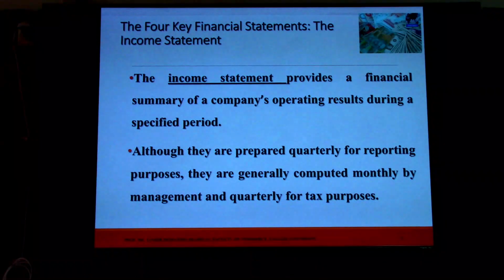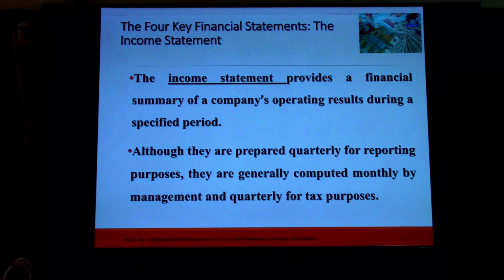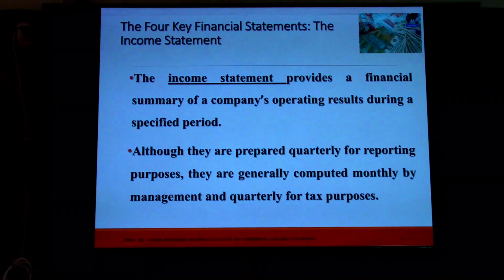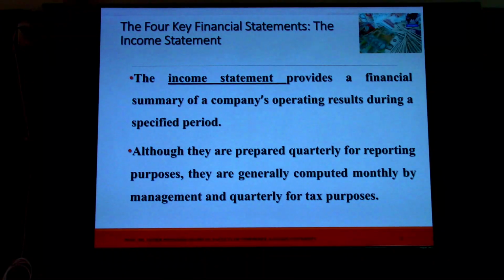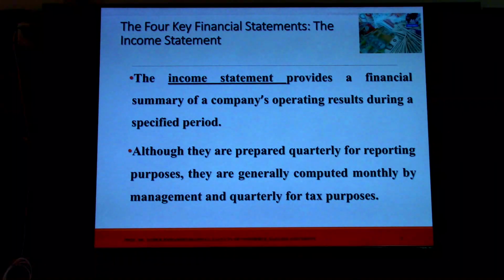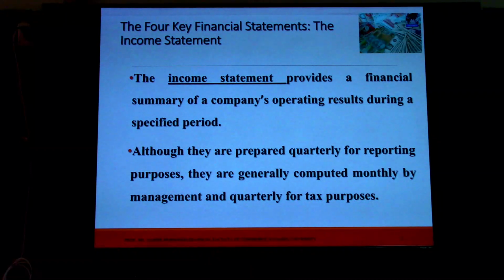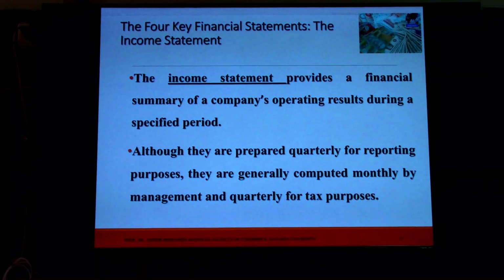The income statement provides a financial summary of a company's operating results during a specified period. هذه فترة ممكن تكون 3 شهور بيسموها ساعات quarter, the first quarter or second quarter or third quarter income statement، أو ممكن تعبر عن فترة عادة بتكون سنة a yearly income statement.